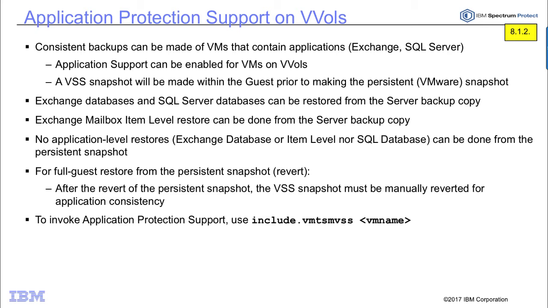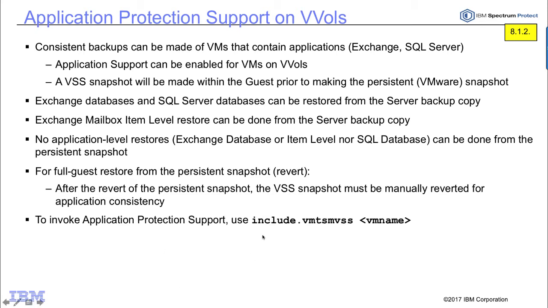Application protection support for VVols. As you probably know if you've been working with Spectrum Protect for a little while, we do support consistent backups of both Exchange and SQL Server when they are stored on virtual machines in a VMware environment.